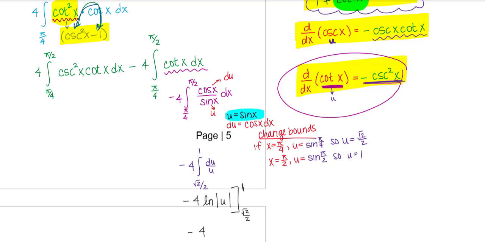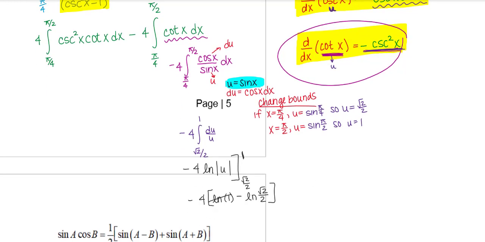So minus 4 natural log of 1 minus natural log square root of 2 over 2. Natural log of 1 is 0. So if I distribute this negative 4, I do get positive 4 natural log square root of 2 over 2. That is something I'm going to hold because I don't want to lose it. That's the second part of my answer.